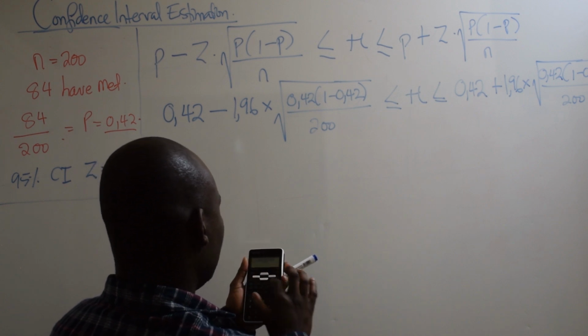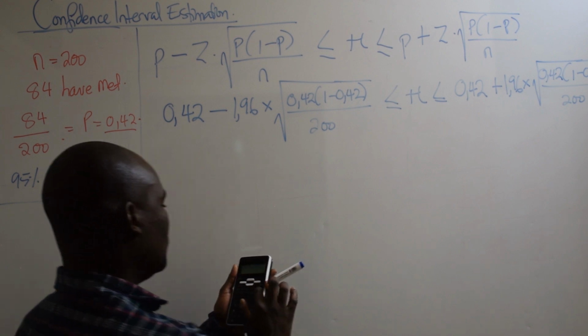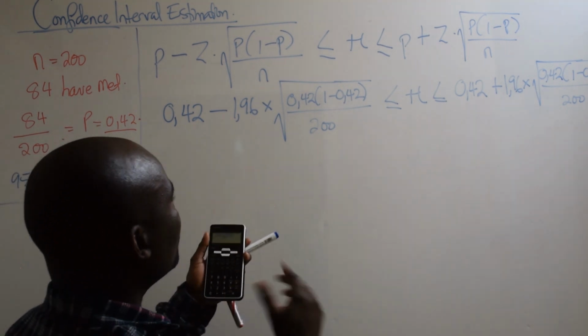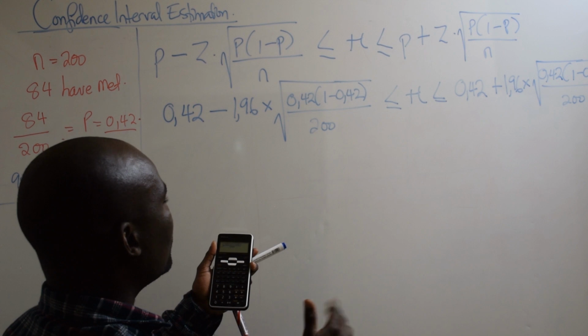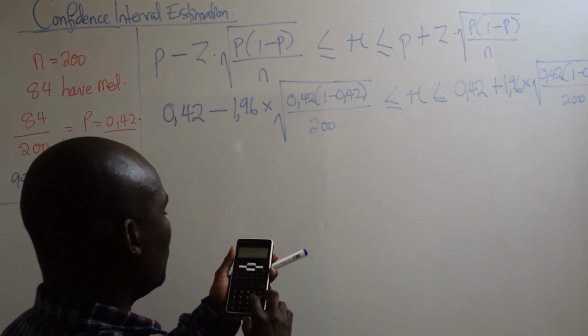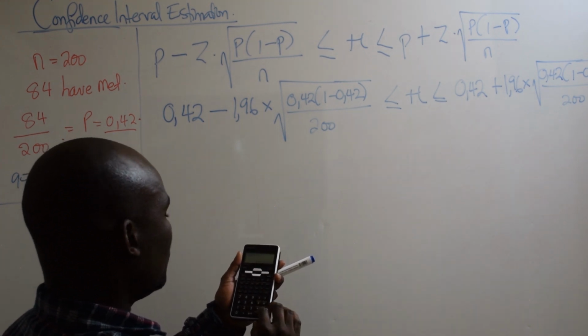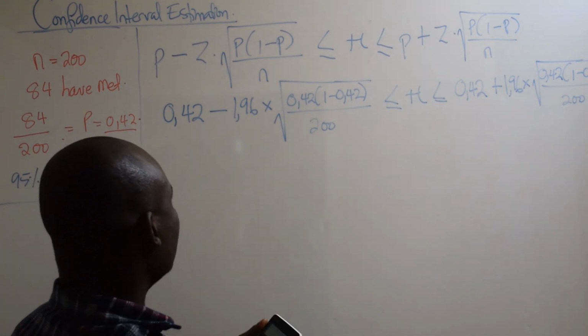Okay, just a slight error there. Okay, just the calculation: 0.42 in brackets, 1 minus 0.42 under the square root, divided by 200, and then we multiply by 1.96, and then we would store this in A, because the answer is the same on that side.